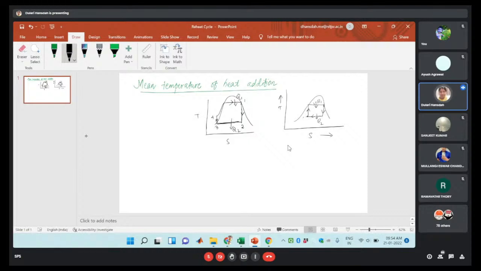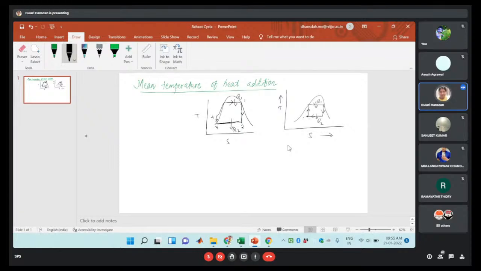So in this case, that is one drawback. Another thing is that at constant temperature, we cannot add more heat. As you all know, whatever heat is added at constant temperature will be less than the heat addition at constant pressure. So that is also one drawback of using the Carnot cycle.